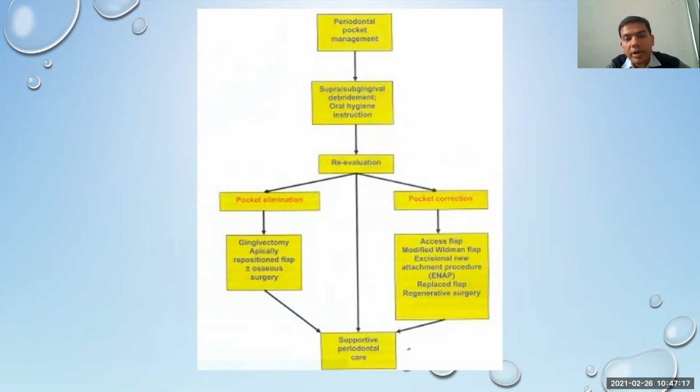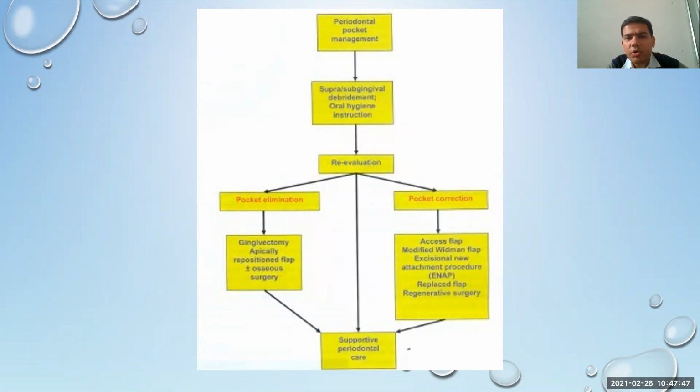Now, if we go in for pocket elimination procedures, it can be gingivectomy or apically repositioned flap with or without osseous surgery. So these procedures completely eliminate the pocket. Whereas on the other hand, flap surgery like the Kirkland flap, the modified Widman flap, the ENAP procedure, excisional new attachment procedure, the replaced flap, or any type of regenerative surgery causes a reduction in the pocket.